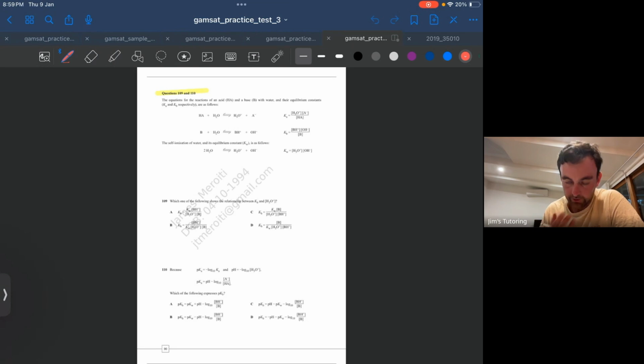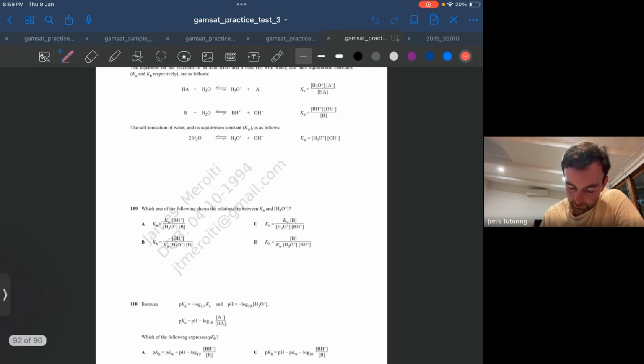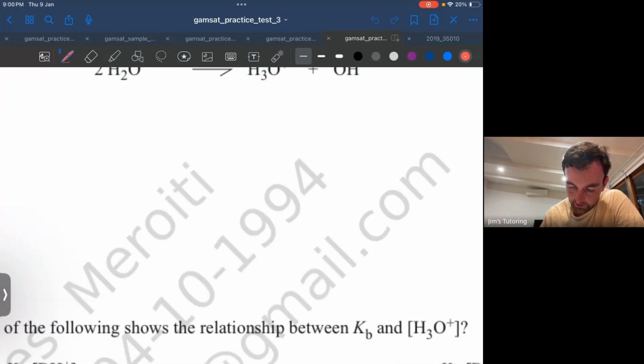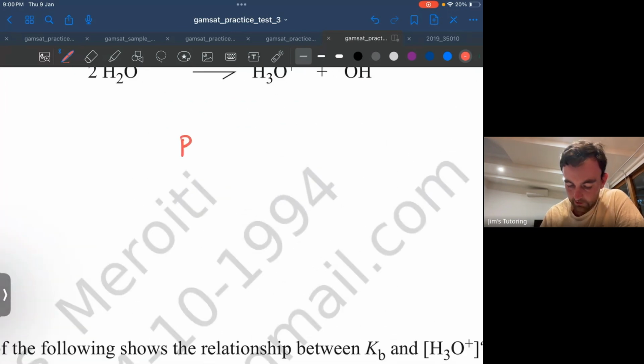So there's a few things. I thought I'd throw a bit of a hard one in there that isn't about calculating logarithms. It's more about rearranging logarithms. So here we need to understand that any time we see a p, it means negative log 10. So we can substitute a p for a negative log 10.